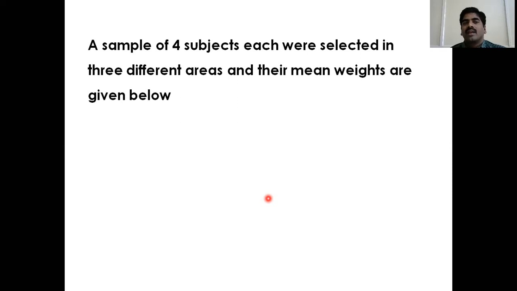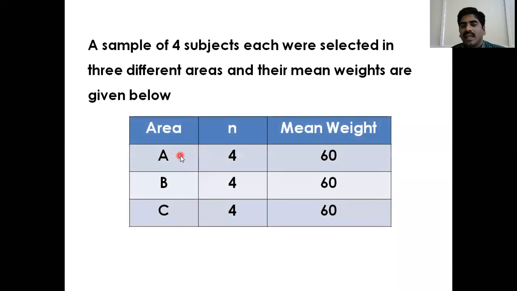See here one example. A sample of 4 subjects each was selected in 3 different areas, and their mean weights are given below. This is area A, B, C. This is the classification variable. Area wise we classified the data. In area A, a total of 4 samples are collected, and their mean weight is 60 kg.